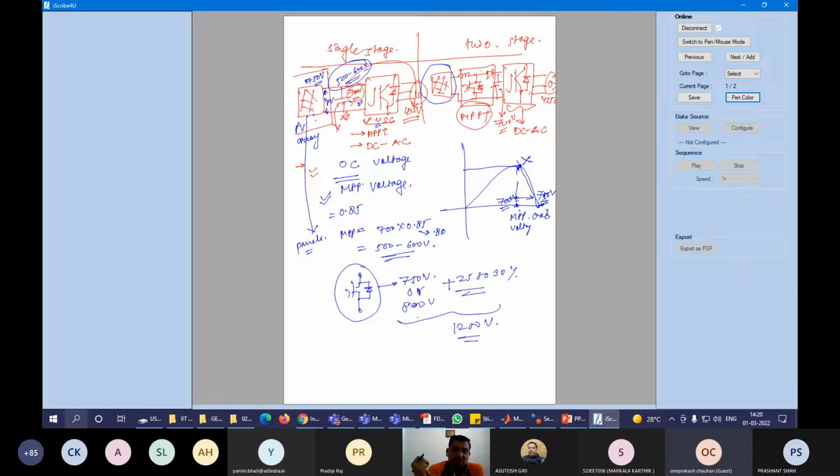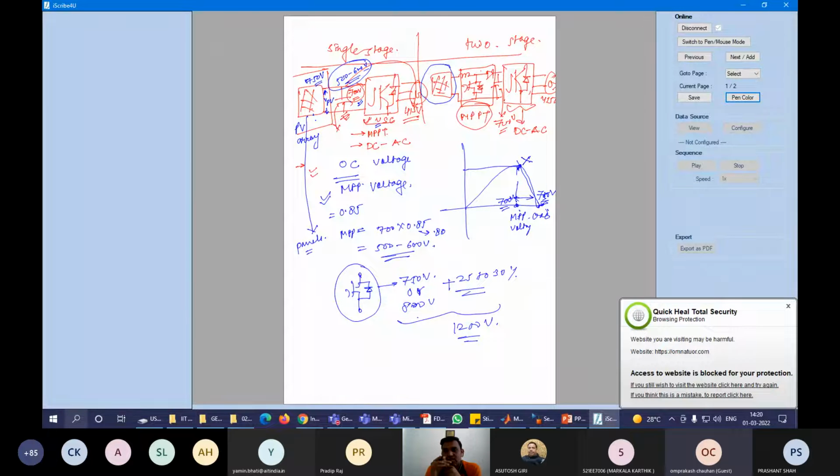The second observation is that as per the DC bus voltage, we will design the switch. So we have to take a switch of higher rating as compared to the two-stage system.